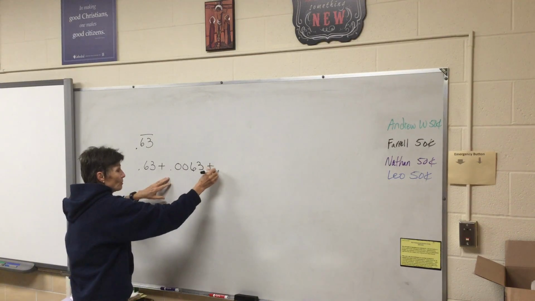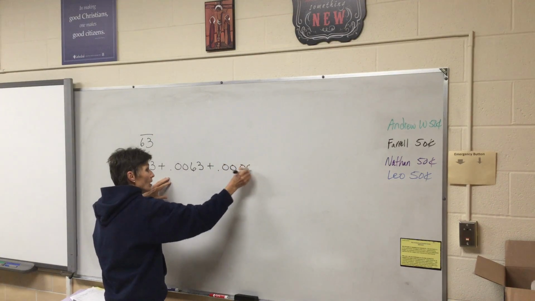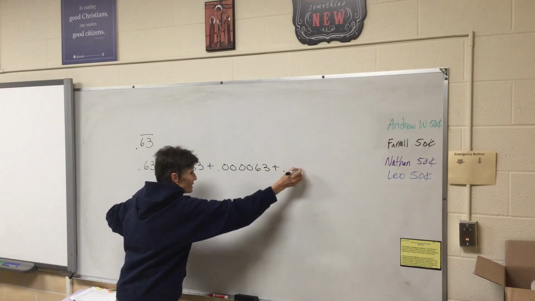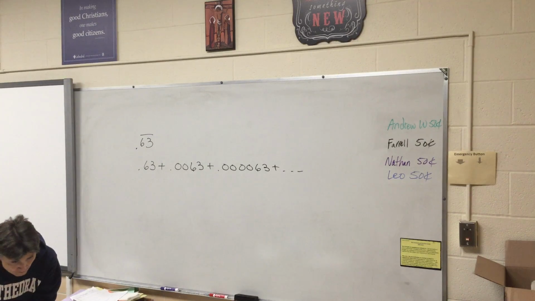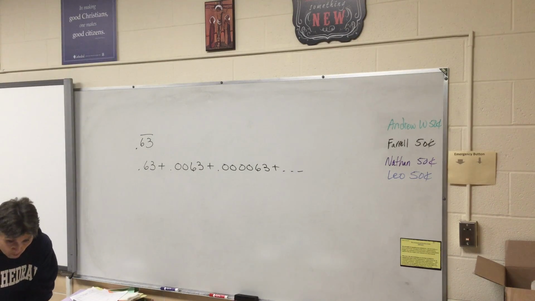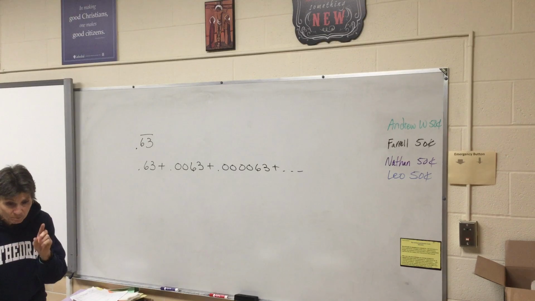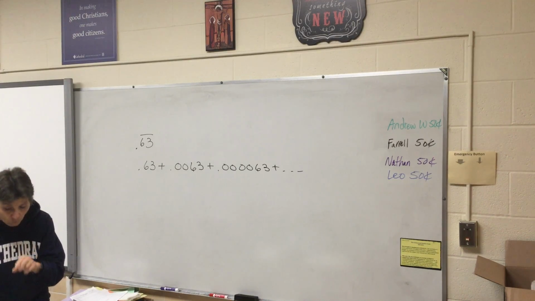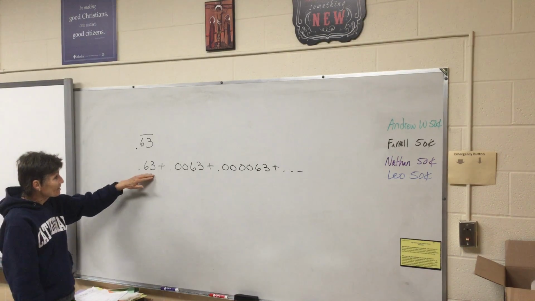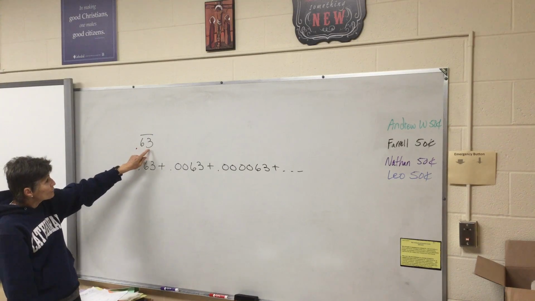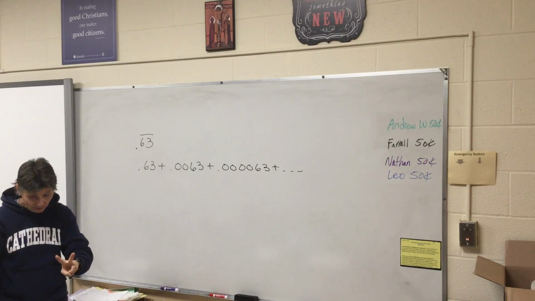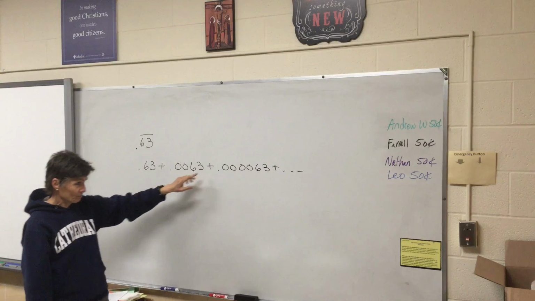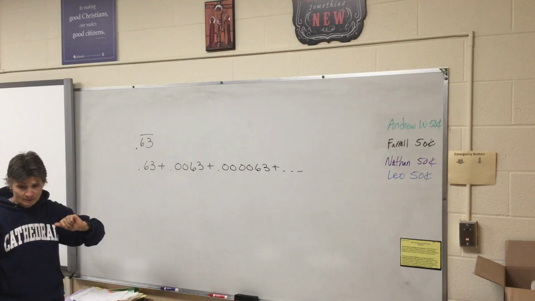And then the next term would be 0.000063, and so on. In our last problem, we were moving the decimal one place. It was 0.4, 0.04, and so on. Here, because we have two decimal places repeating, we have to move the decimal point two places as we go from term to term.